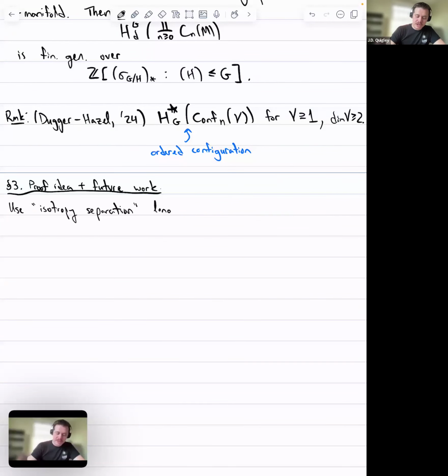So I'll write this as a long exact sequence with a bunch of random looking terms if you haven't seen it before. And then I'll tell you what those are in our case, or at least how they're useful.